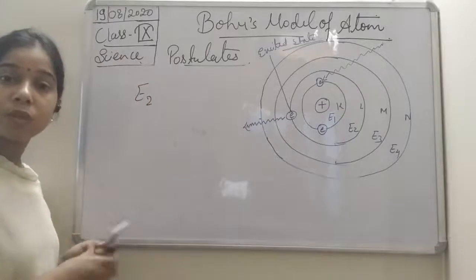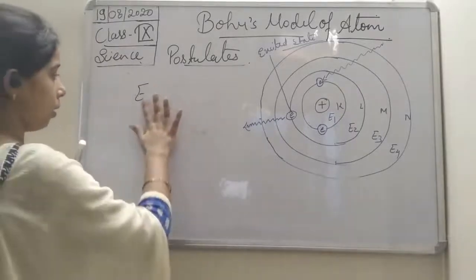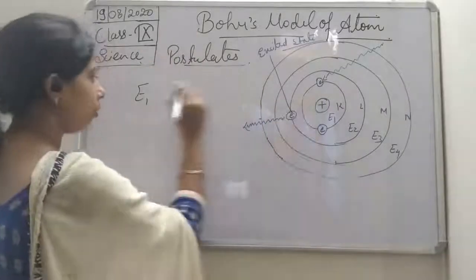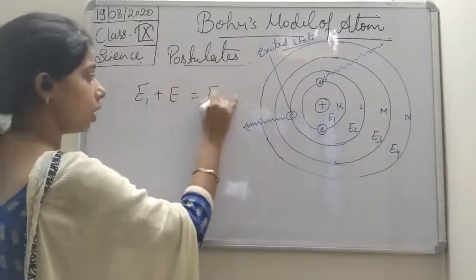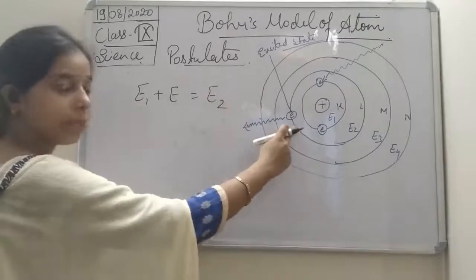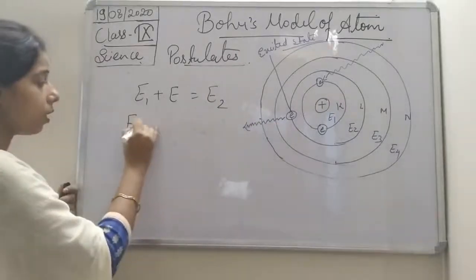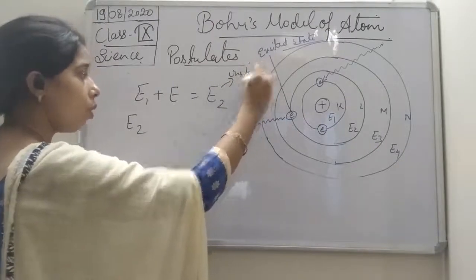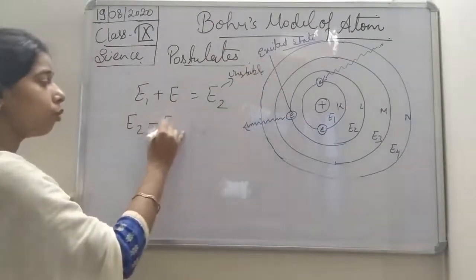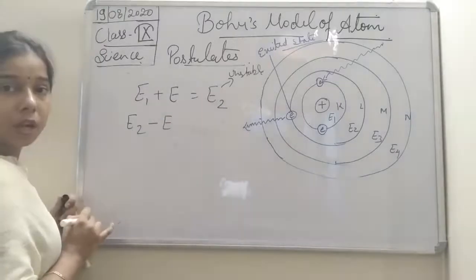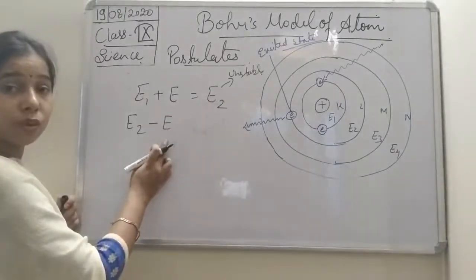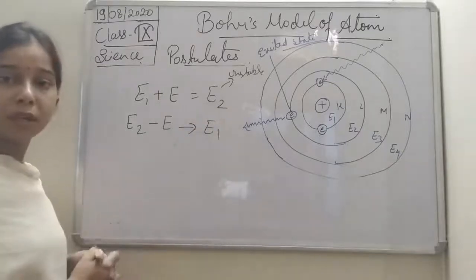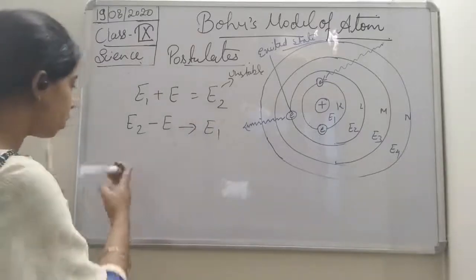Let me explain to you again. At first it was E1, it absorbed the energy and became E2, so it jumped to the next energy shell. Now this is an unstable condition. So what will it do? It will lose the energy again. As it loses the energy, it will again become E1.